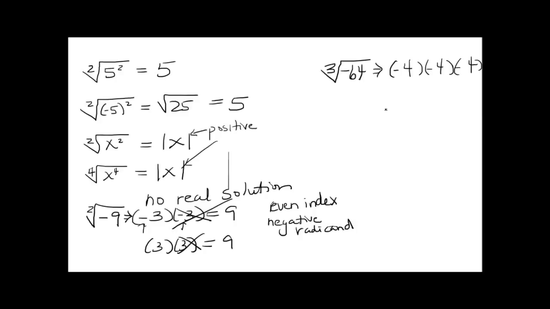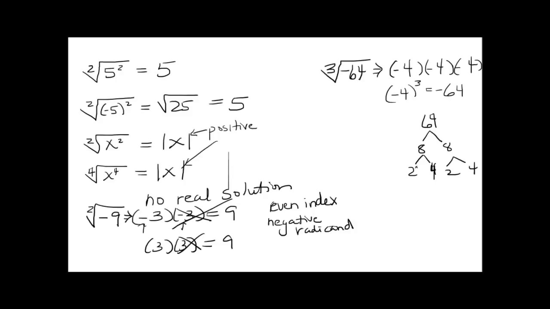Okay, now if you were using the prime factor method because you didn't realize that -64 is -4 cubed, you could work it as follows. You would take 64 and factor it into 8 times 8, and then 2 times 4 and 2 times 4.